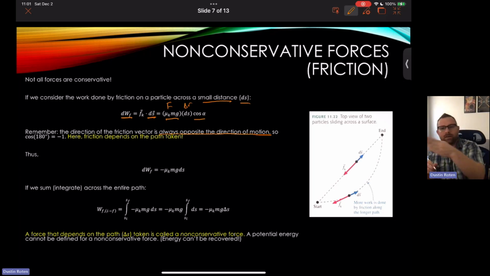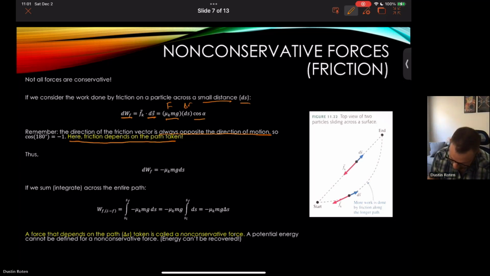So depending on the direction of motion, that is going to dictate where our friction vector points, okay? Clearly, because the definition of friction says it's always opposite, friction depends on the path taken. You have to know what your path is doing so you know which way to point your friction vector. And that's what this is saying here.